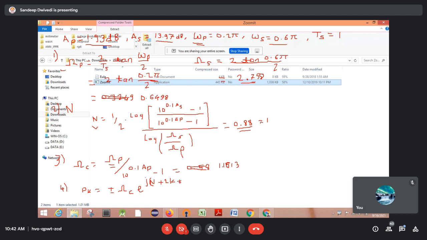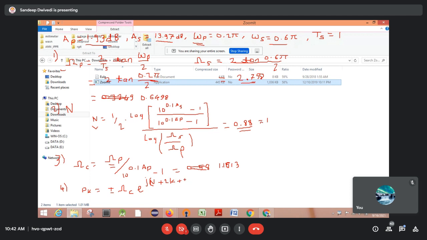Here k will be 0 to N minus 1. N is 1, so k will be simply 0. So only one pole will be there, that is P0.